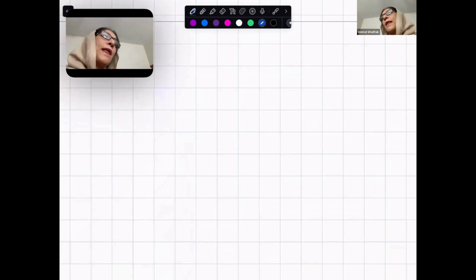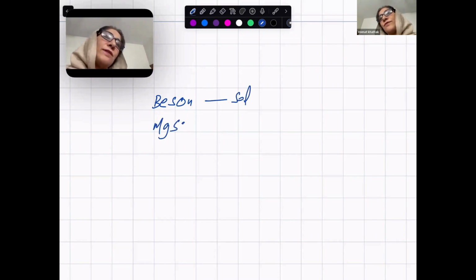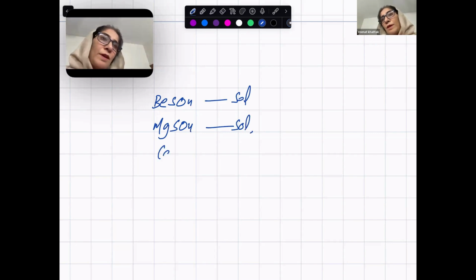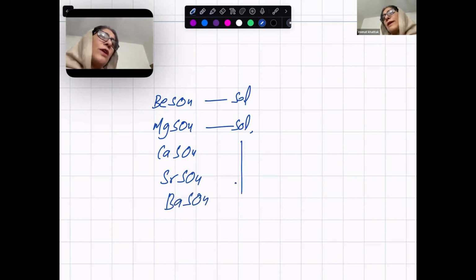Suppose we know that beryllium sulfate is soluble, magnesium sulfate is soluble, and calcium, strontium, barium sulfates are all getting insoluble.